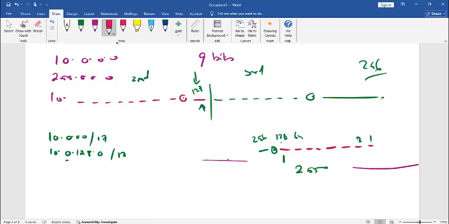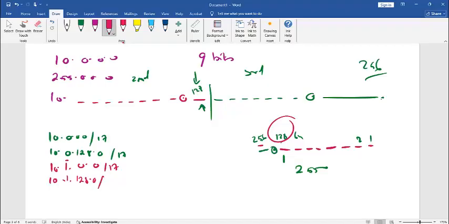Now, listen. Because it is going here, I put 1 there. 10.1.0.0/17. Did you understand this now? Yes. Again, you add 128 in this octet, so it becomes 10.1.128.0/17.